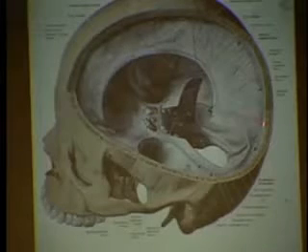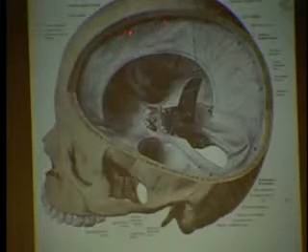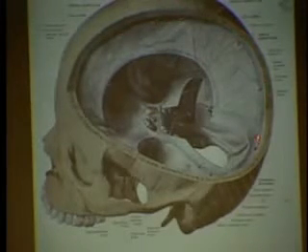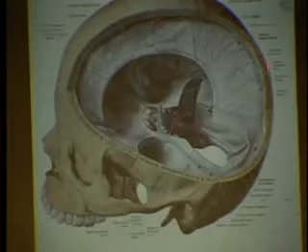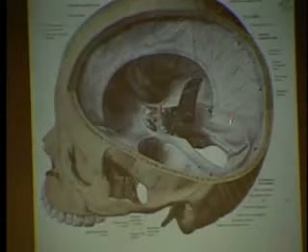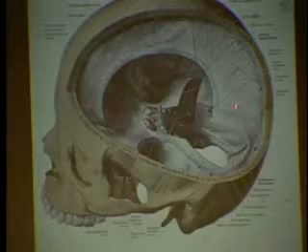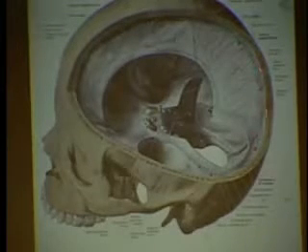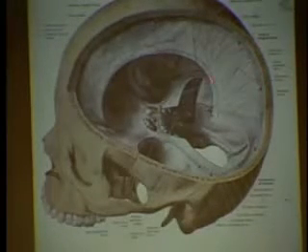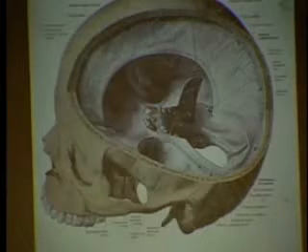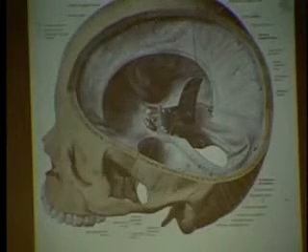The straight sinus. So what's the sinus that's superior up here? Superior longitudinal sinus. So what does a straight sinus connect with the superior longitudinal sinus? The inferior longitudinal sinus. Good. New slide.